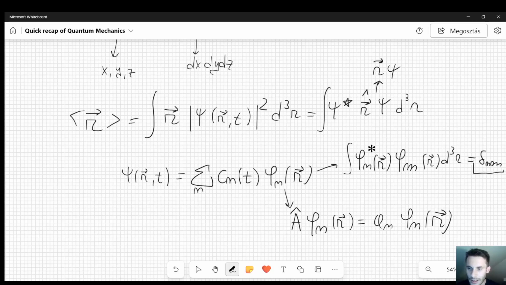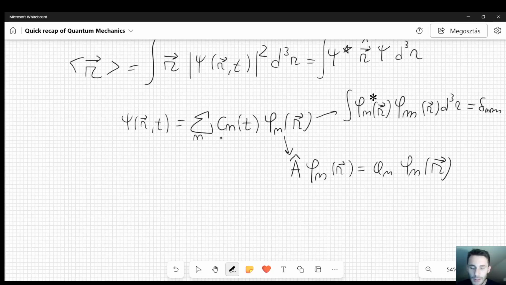So this is the Kronecker delta nm, which means that I get 0 if m is not equal to n, and this means that these two functions are orthogonal, and their mod squared, if n is equal to m, is equal to 1, because the Kronecker delta gives us 1 when n is equal to m. Whereas these coefficients c sub n of t, in particular their mod squared, is equal to a probability, p sub n, which does not change over time.